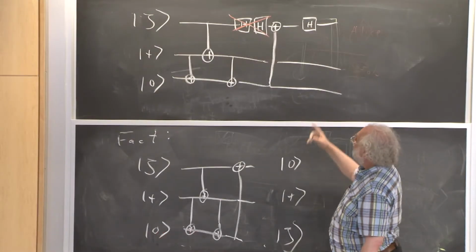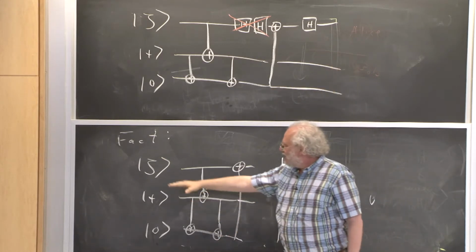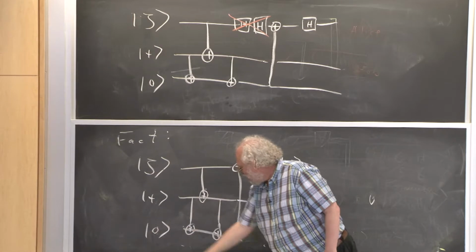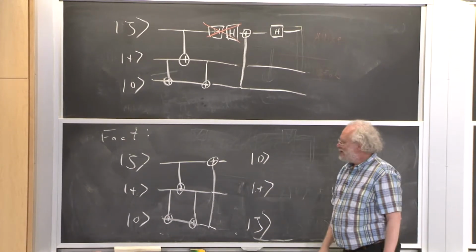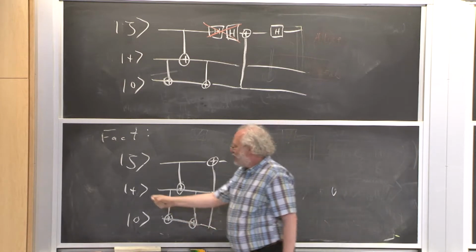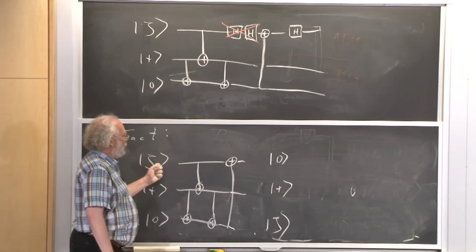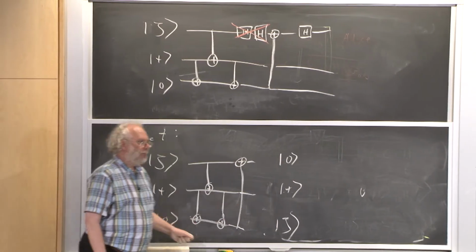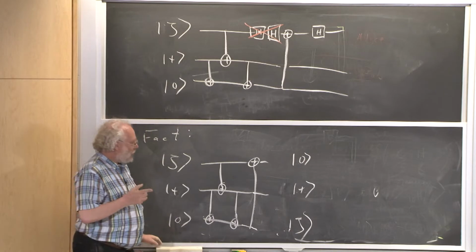If you do this circuit without that extra Hadamard, zeta plus 0 becomes 0 plus zeta. So this, with a plus here and the 0 here, swaps the zeta down here. So this just teleports the zeta there.